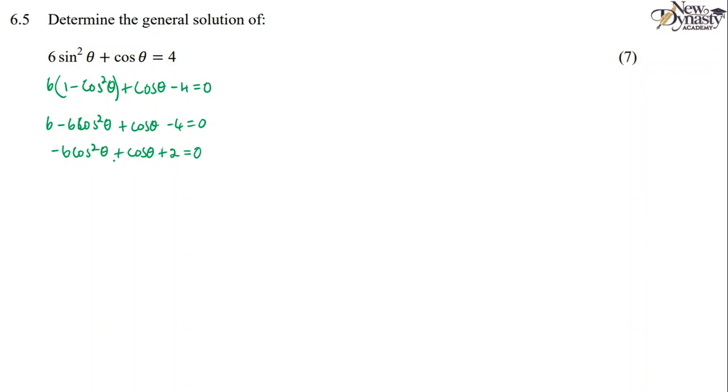From there we can factorize, but first let us make sure that our leading value is positive. So we multiply everything by negative. That is going to be 6 cos squared theta minus cos theta minus 2. I'm just multiplying everything by a negative sign.